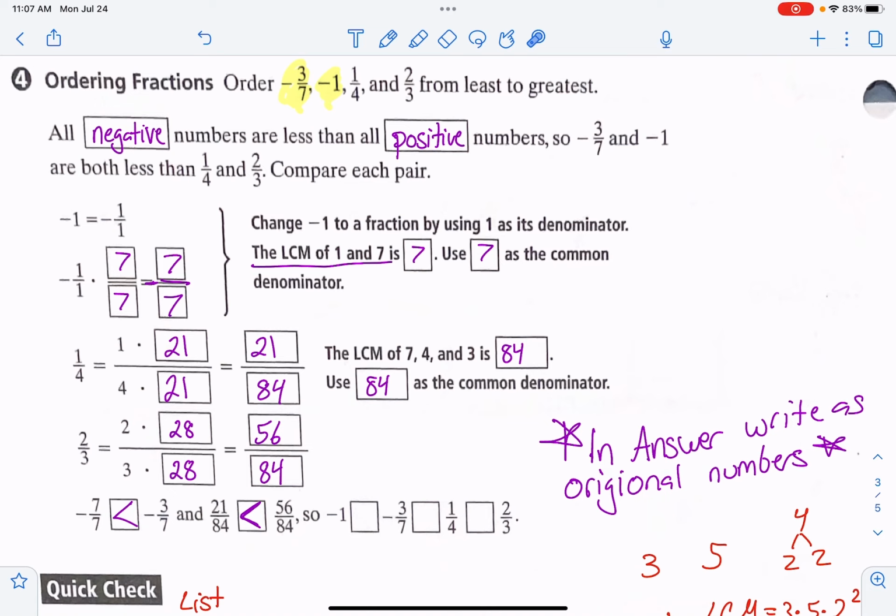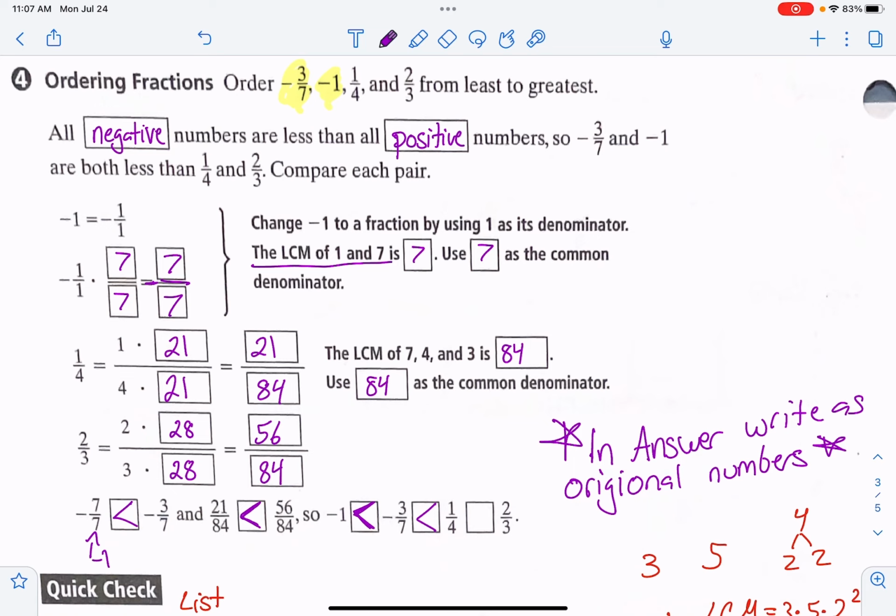So -7/7 was smaller than -3/7, is what we said, right? That means that -1 is smaller than -3/7, because this was really -1. And then we know that -3/7 is smaller than 1/4 because -3/7 is negative and 1/4 is positive.